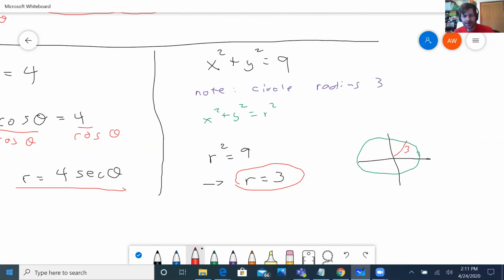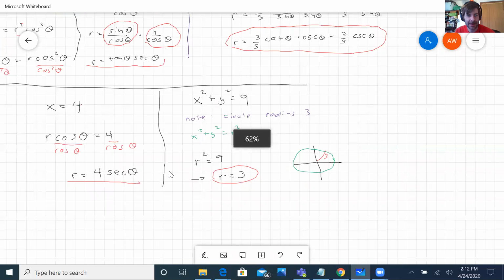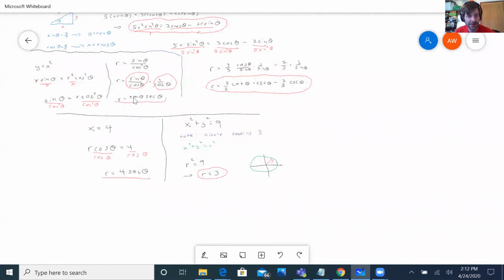Now, a lot of times there would be good reasons you'd want to graph such things. We're not going to have time to get into any of that. So I suppose for now, all we're really worried about is just abstractly turning rectangular equations into polar equations and vice versa. And all I'm using is these, I guess, three things.